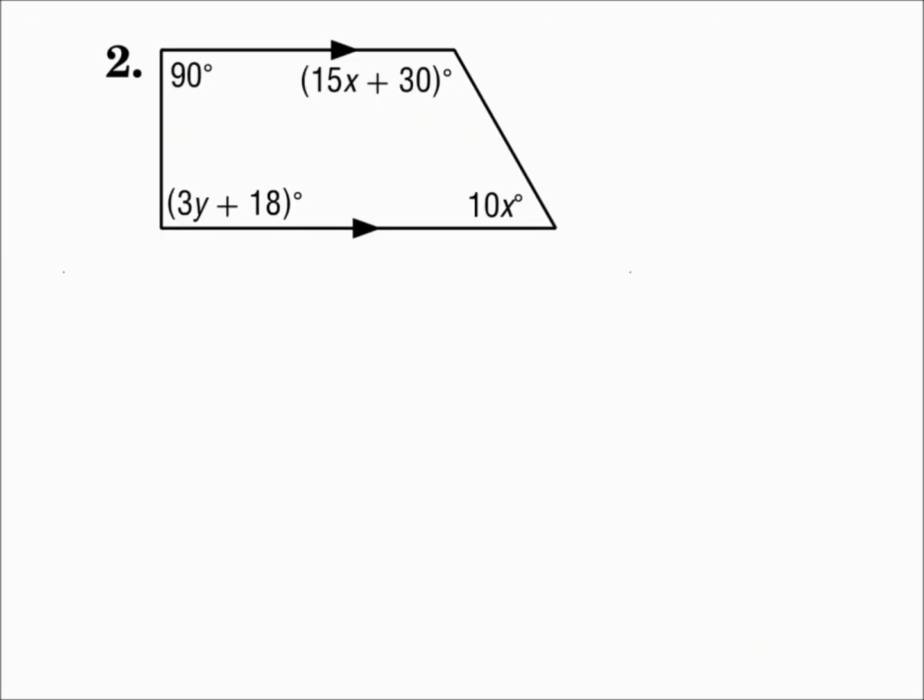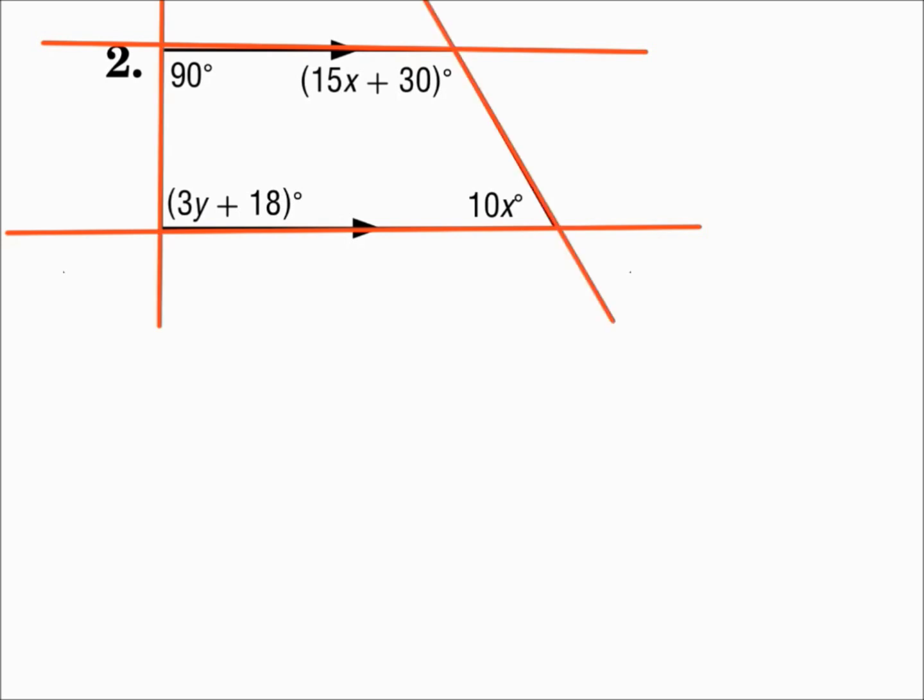Number 2. Here I have a quadrilateral with one pair of parallel sides, and I've got the 4 angles here. If you have to, extend the parallel lines, and I have one transversal on the left and one transversal on the right. Since the transversals are not parallel, let's keep them separate from each other.